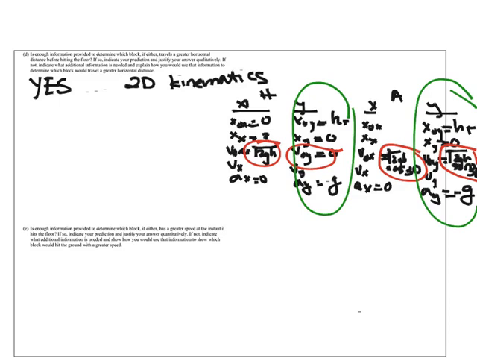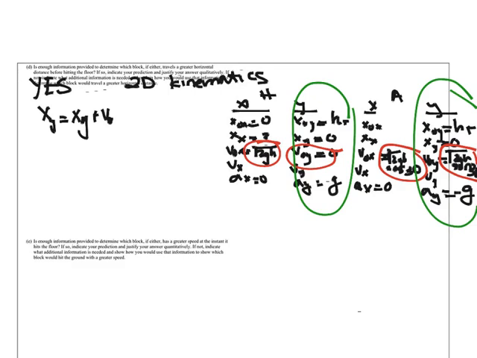So in general, whether or not we have H or A, we're using xy equals xoy plus voyt plus 1/2 ayt squared. Okay, and in both places, xy is 0 and xoy is ht.